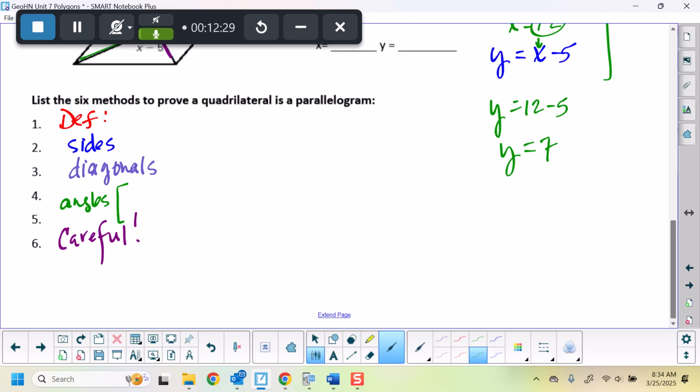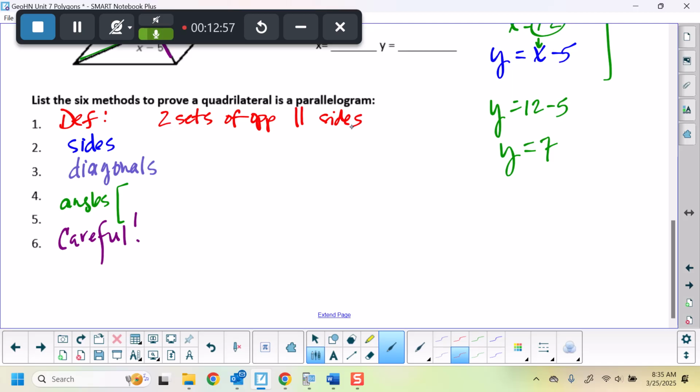Yeah. So 2 sets of opposite parallel sides. So by the definition of parallelogram, if it's a parallelogram, it has 2 sets of opposite parallel sides. If it has 2 sets of opposite parallel sides, it's a parallelogram. That's a biconditional conversation. We can read it forwards and backwards. It's always true. Definition. Are we good with that?